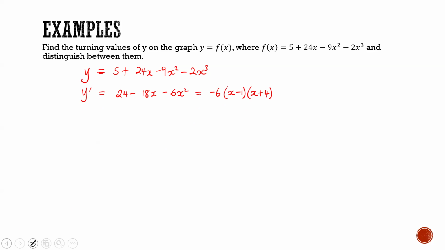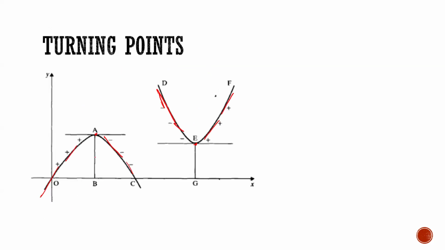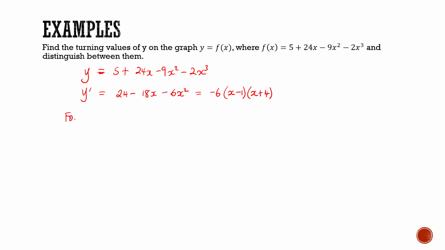Now we know that the gradient of the tangent at a turning point is 0. And so for turning points or stationary points, y prime should be equal to 0. And so the x values at those turning points, we'll have 2: x being 1 and x being negative 4.